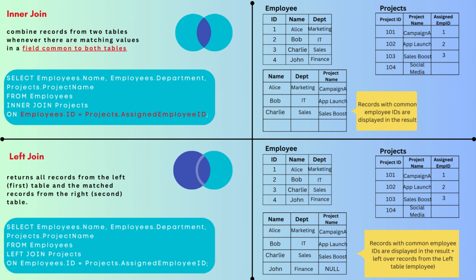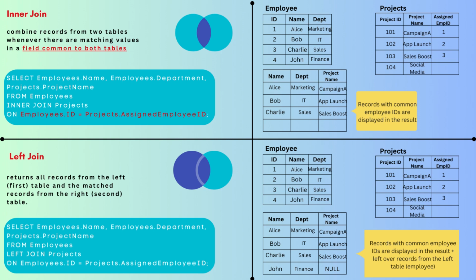Syntax is: select employees.name, that is the name from the employees table, comma, employees.department, that is department from the employees table, comma, projects.project_name, project name from the projects table, from employees inner join projects. Now the join condition would be on employees.id equal to projects.assigned_employee_id. So wherever these two are equal, only those records will be displayed.